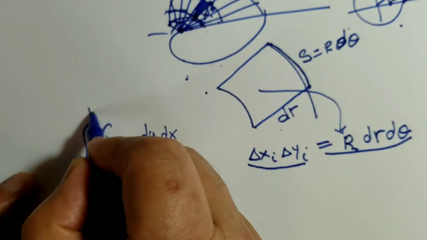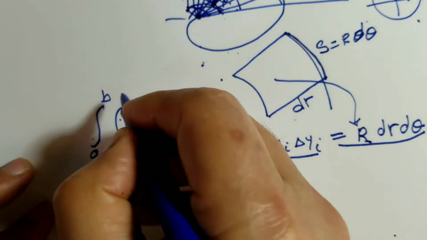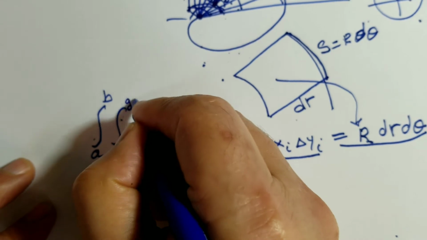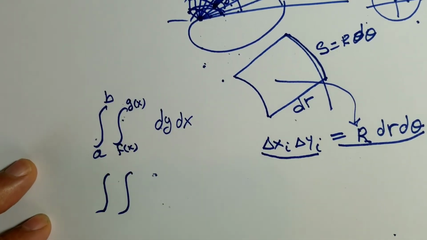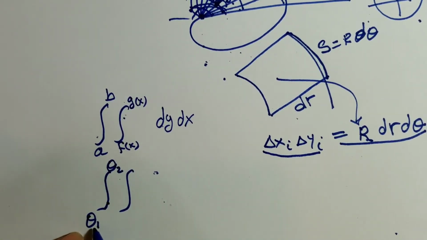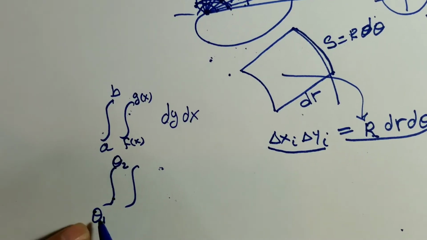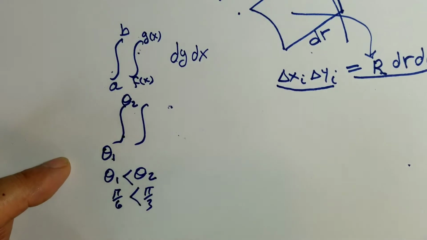This x is fixed because I'm finding the area, but this has to be a function of x as the lower limit, and this one has to be the upper. But if you change it to polar, this is your theta. My theta goes from theta 1 to theta 2. That theta 1 has to be in radians, real numbers, and must be less than theta 2, like pi over 6 as the lower and pi over 3 as the upper.